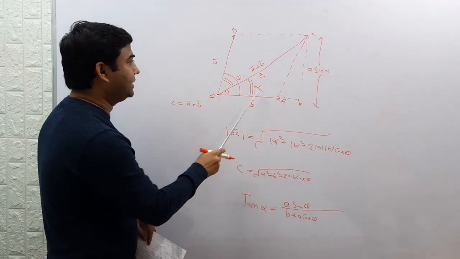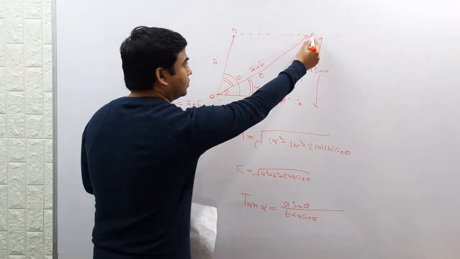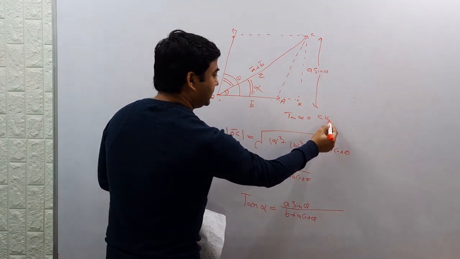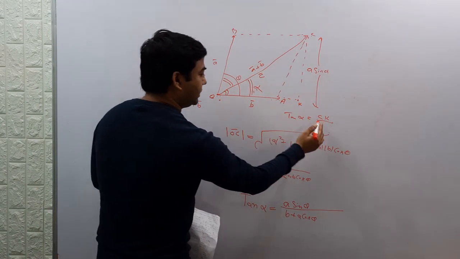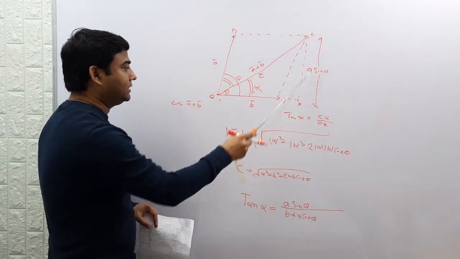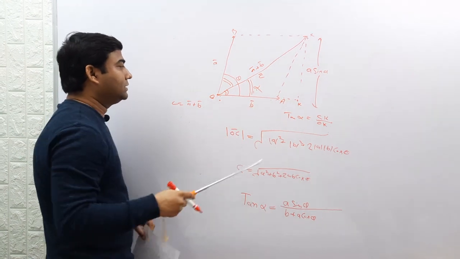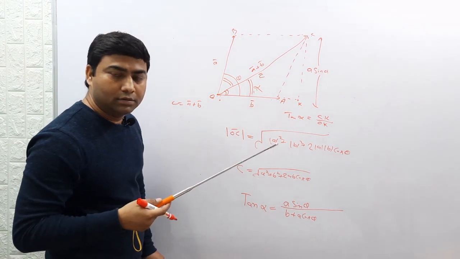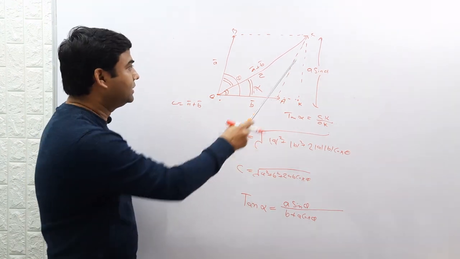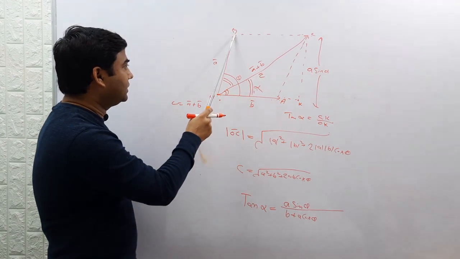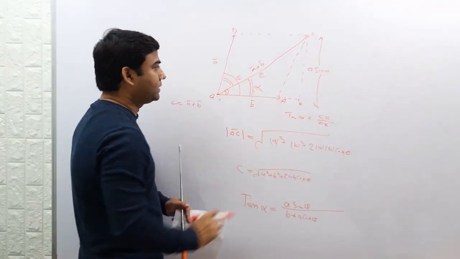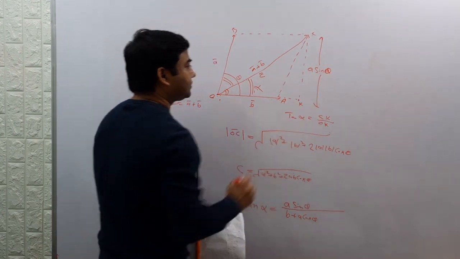So tan alpha is equal to CK divided by OK. CK is this length. From the definition of trigonometry, the definition of sine and cosine, you can find CK is A sin theta.